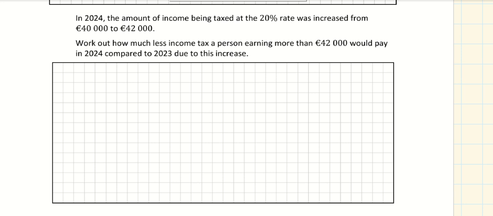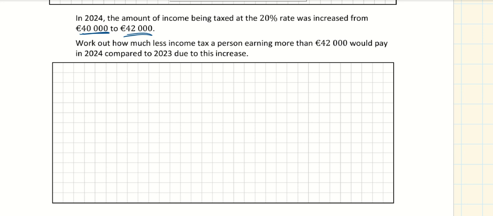Okay, then we're told that the amount of income being taxed at 20% rate was increased from 40,000 to 42,000. And to work out how much less income tax a person earning more than 42,000 would pay in 2024 compared to 2023 due to this increase. That's a lot of words, but basically you have to work out it being 40,000 or 42,000.